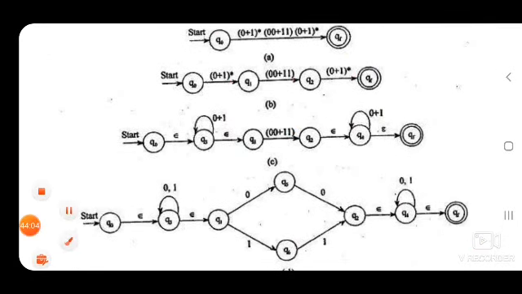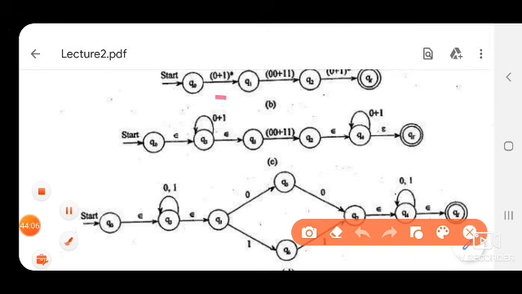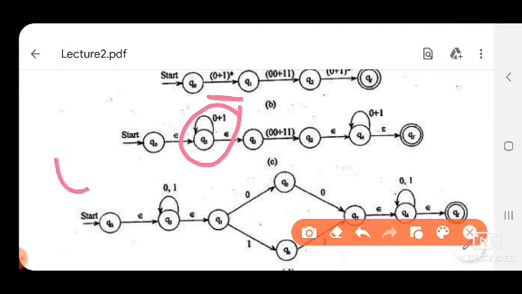Next, here 0 plus 1 asterisk is represented as we have explained earlier: loop for 0 plus 1, or we can write 0 comma 1.